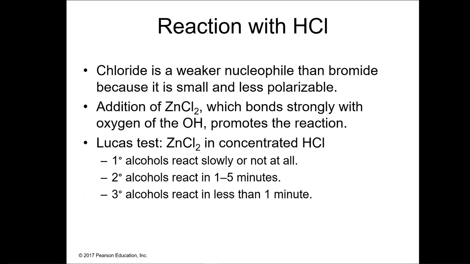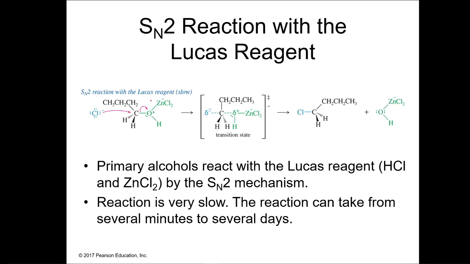So for HCl, since HCl is a weaker nucleophile, you actually have to add zinc chloride, which promotes the reaction. So this gives us something called the Lucas test, where you have zinc chloride and concentrated hydrochloric acid, and it tells you what kind of alcohol you're dealing with. So the Lucas reagent basically bonds to the oxygen, which makes it a better leaving group.